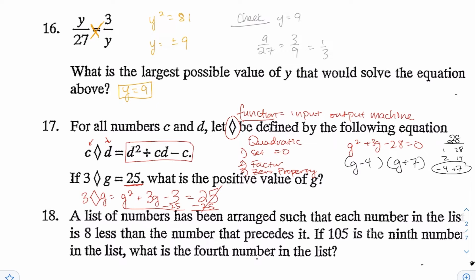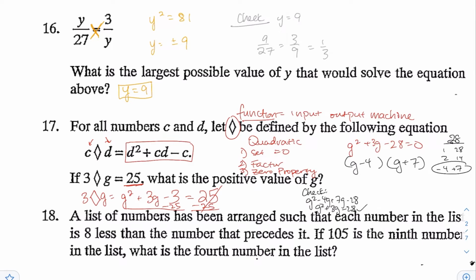You can double check your work by FOILing. You'll have G squared plus 7G minus 4G minus 28, and that should be equal to the original when you check. And that's exactly G squared plus 3G minus 28. So everything does check out.